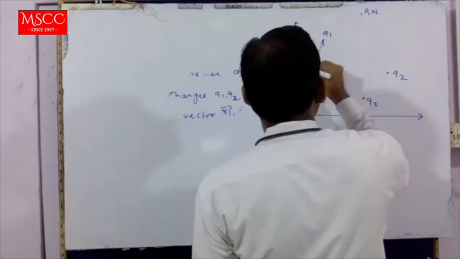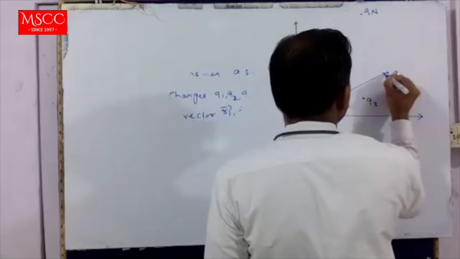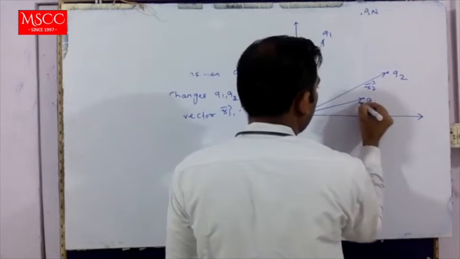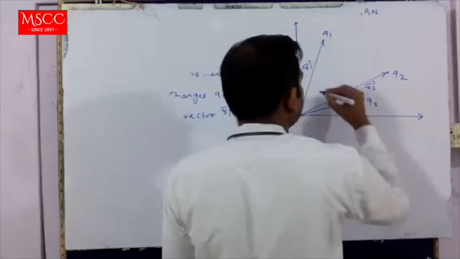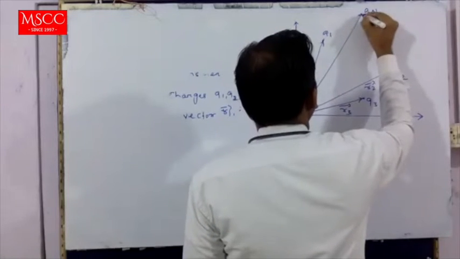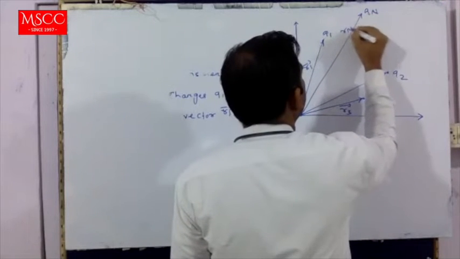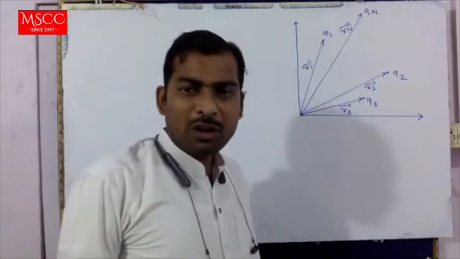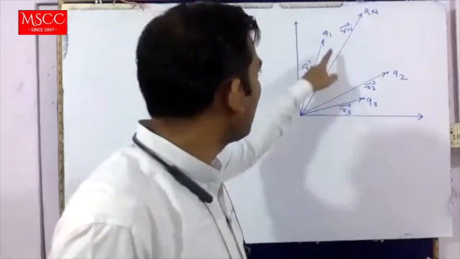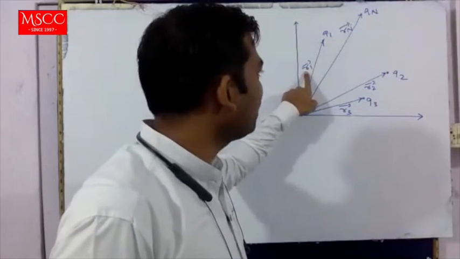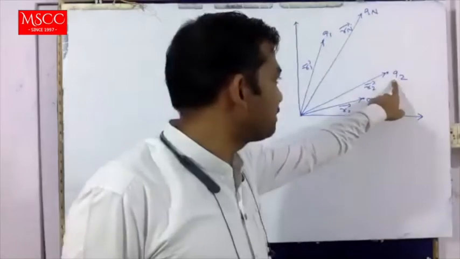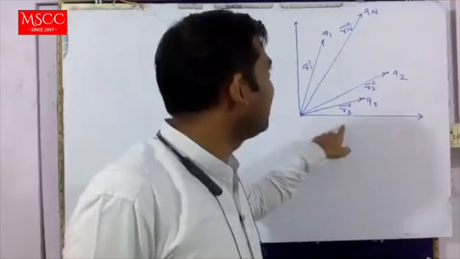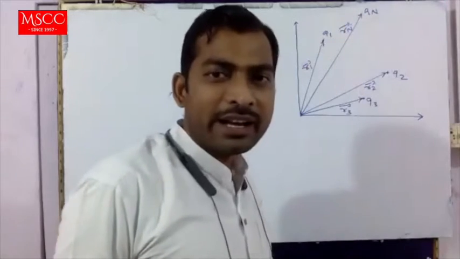This is R1, this is suppose R2, this is suppose R3. Similarly, this is Rn. A system having n number of point charges, that is Q1 having position vector R1, Q2 position vector R2, Q3 position vector R3, Qn position vector Rn.